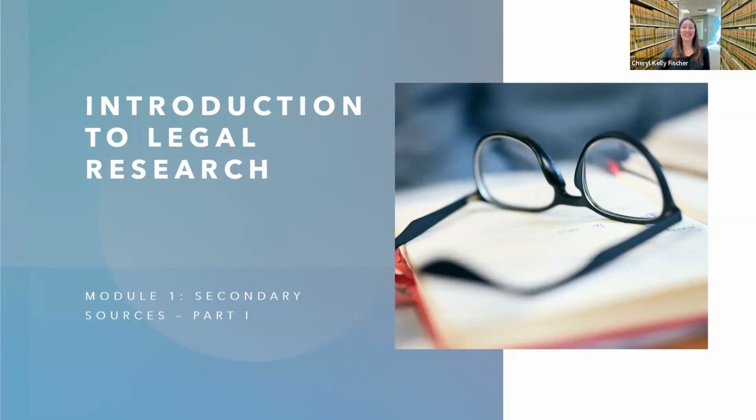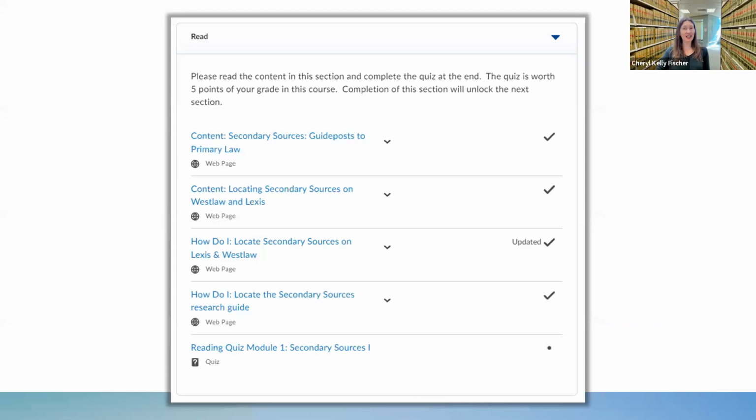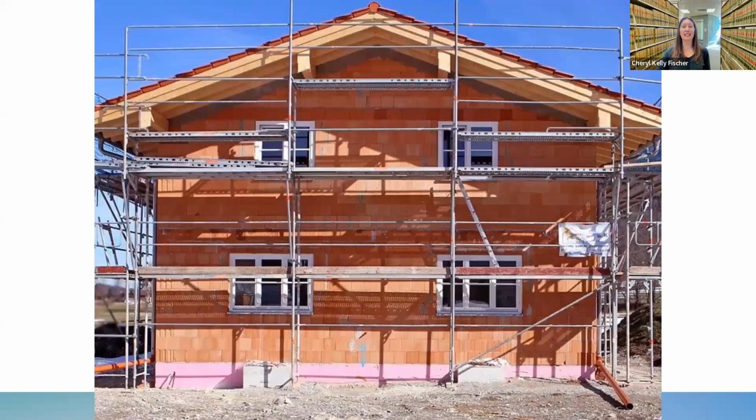Before you start this, your first video in Module 1, you should have successfully completed all the items in the Brightspace Read section. It contained 2 content sections, 2 how do I's, and then a short reading quiz. So these videos are designed to scaffold upon the read section, helping you build on prior knowledge and internalize new information.